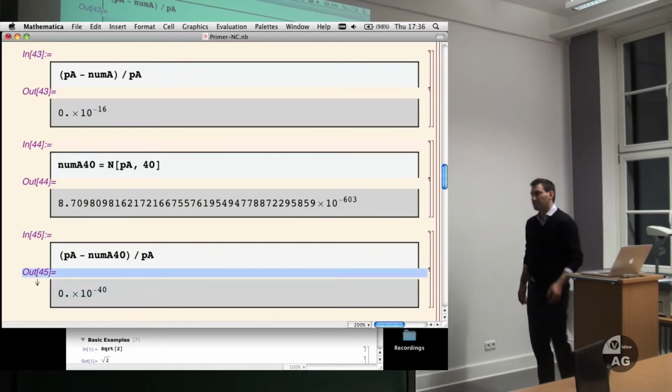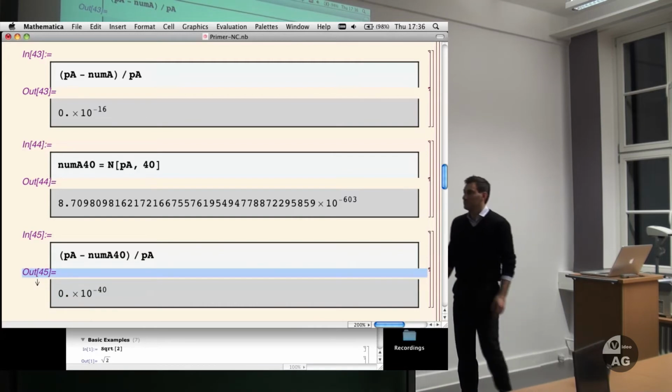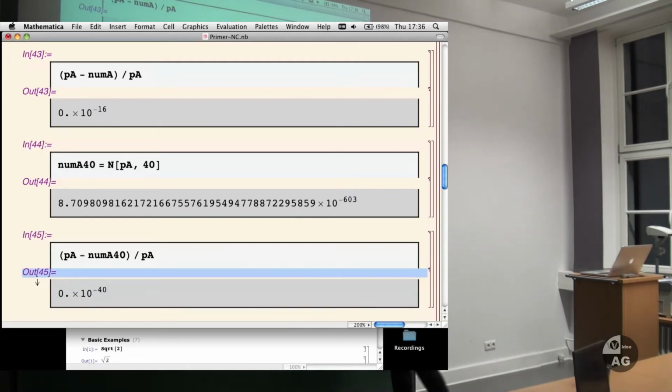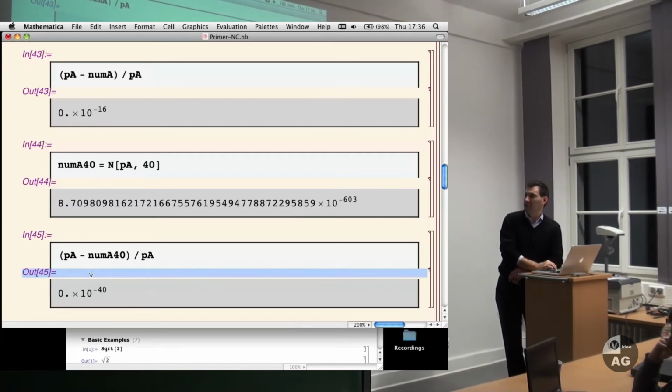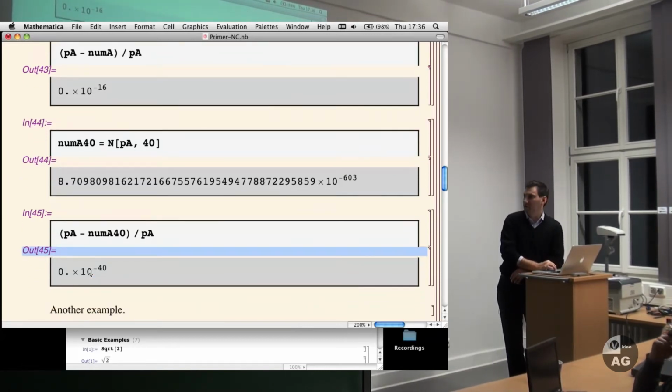So, this 0 times 10 to the minus 40, does this mean this number is really 0? No. It means that the most significant digit is a 0. It means that the first 40 digits are 0 and then garbage starts. Okay, so I have gained my required accuracy.